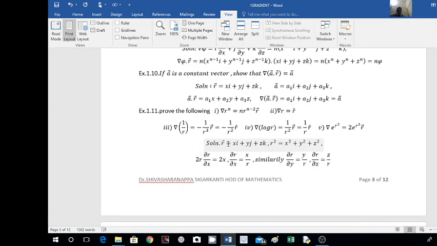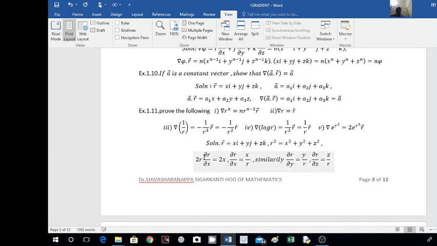Then what is modulus of r? It is nothing but root of x square plus y square plus z square, or r square is equal to x square plus y square plus z square. So we have this equation r square equal to x square plus y square plus z square. Now if I differentiate this equation partially with respect to x, we get the r square derivative is 2r into dou r by dou x equal to, on the right hand side, x square derivative is 2x, y square derivative is 0, z square derivative is 0.